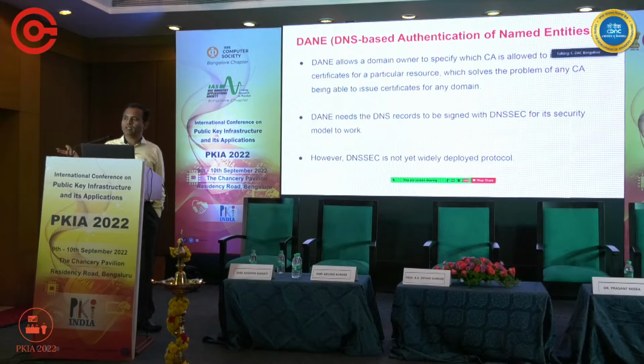If I have a mail server which is listening on a TLS port, when it presents its certificate, it has the capability to also say that you should be looking for a certificate issued by a particular issuer. That kind of explicit text record you can mention in the DNS record.